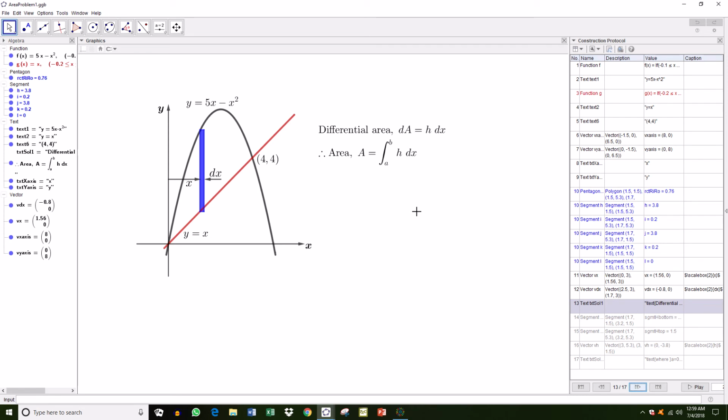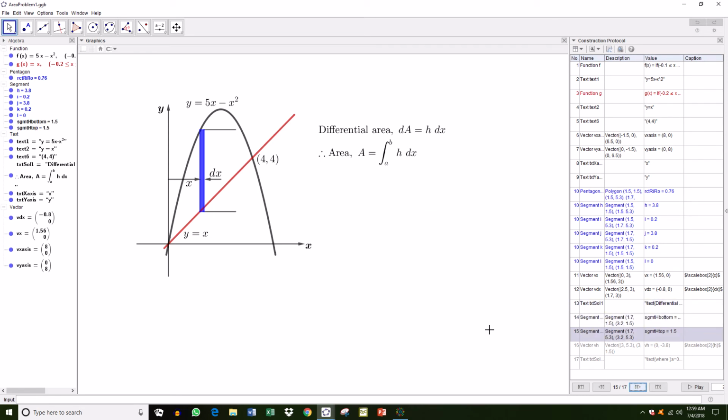Cool. So going back, what in the world is that h? h is this height, right? How do we find the height of this rectangle? Notice, are we measuring the height in a vertical direction? Right here, the height is the distance from this line segment to this line segment.